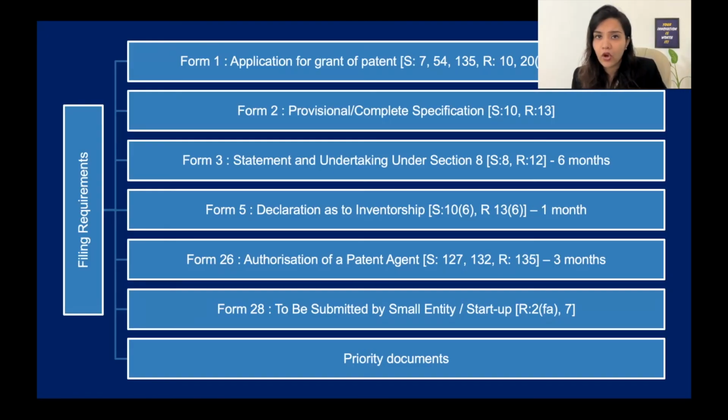Then we have priority documents. What are priority documents? Whenever I am filing a convention application or a PCT application, and I am claiming a priority date from an application in any country outside India, then I have to give priority documents, and those would be considered as part of the filing requirements.